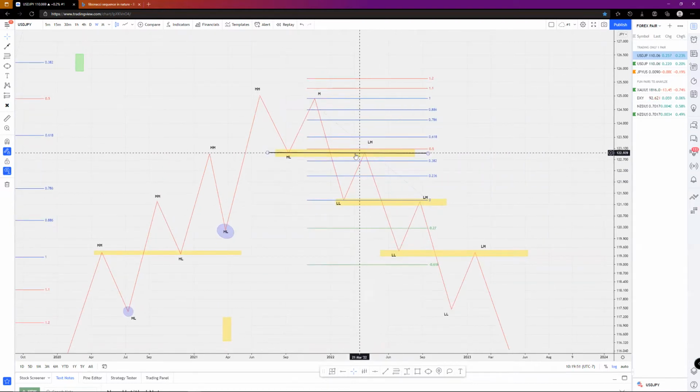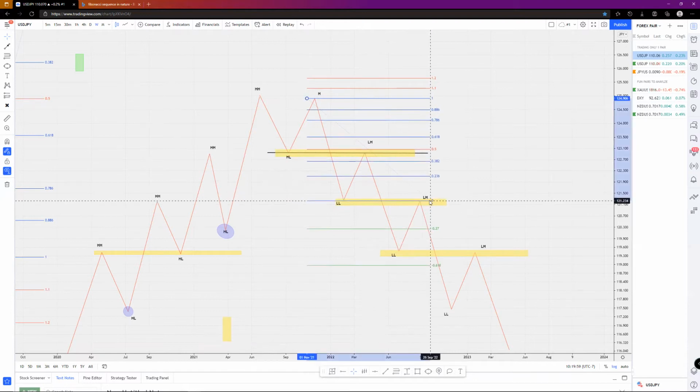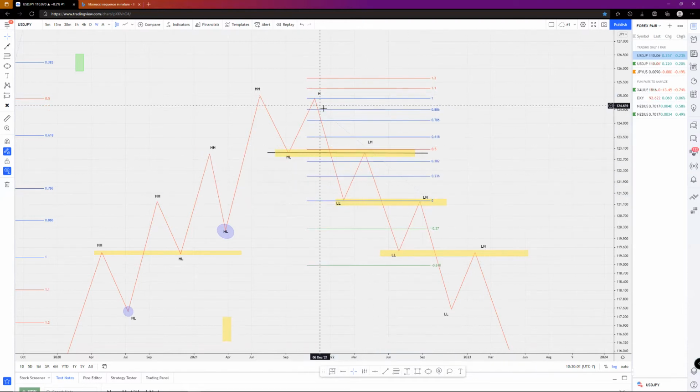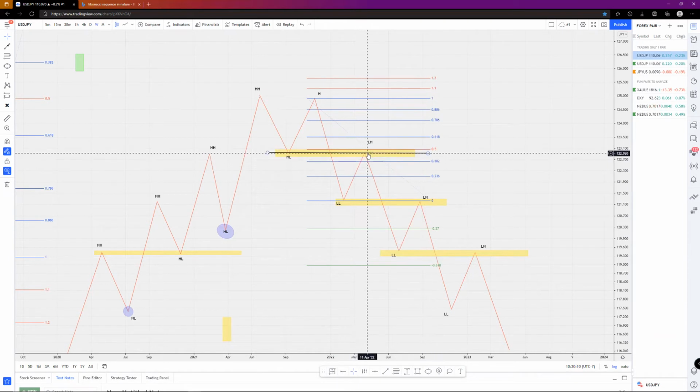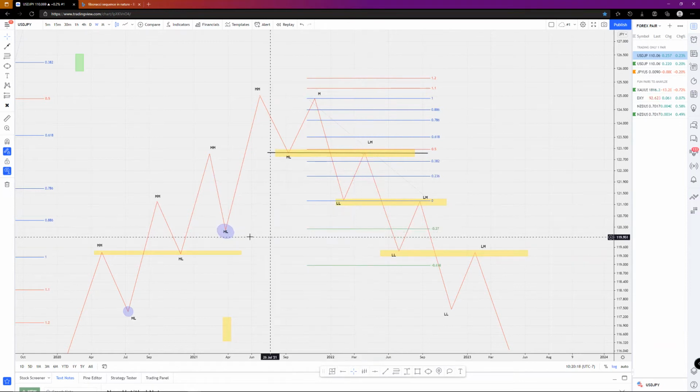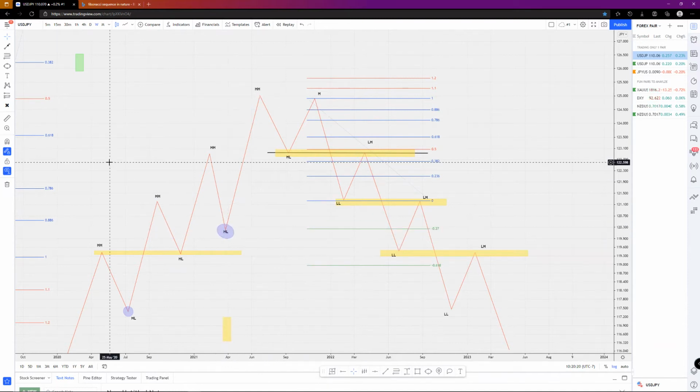So let's just say it got to this area and it was respecting, you were seeing wicks, exhaustion, as well as candles not being able to break past this point, then you would by default pull out your fibs, high to low, and see that it actually did meet a valid higher low PRZ zone. So then you would take advantage of this and literally trade it to the TPs. And a fun fact about the TPs that you probably didn't know, it always kind of aligns with previous structure, as you can see right here.